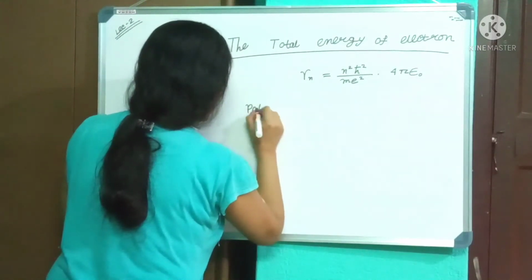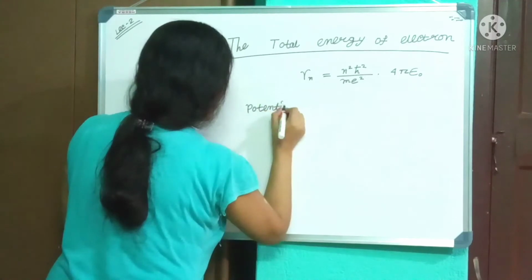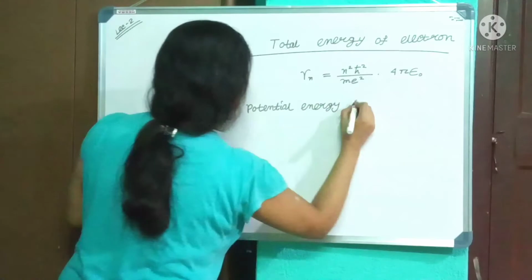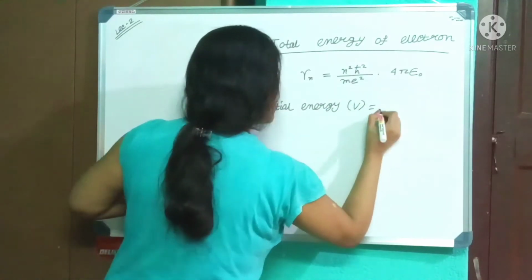Now from our previous class we know that Rn equals n square h cut square by m e square into 4 pi epsilon naught. Now we will calculate the potential energy.